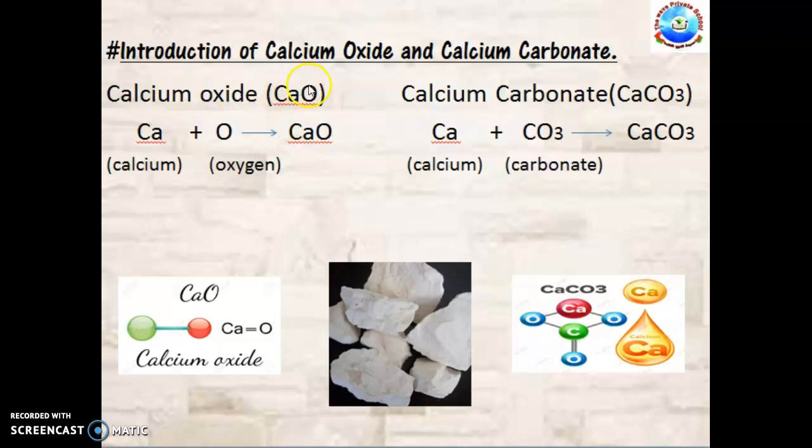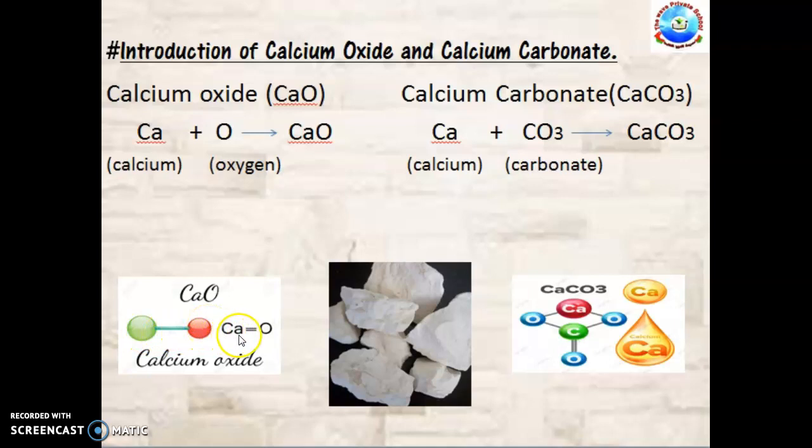Now let us see what calcium carbonate is. When calcium Ca reacts with carbonate, which is CO3, it gives CaCO3, that is called calcium carbonate. You can see in the structure form also, this is calcium and oxygen.